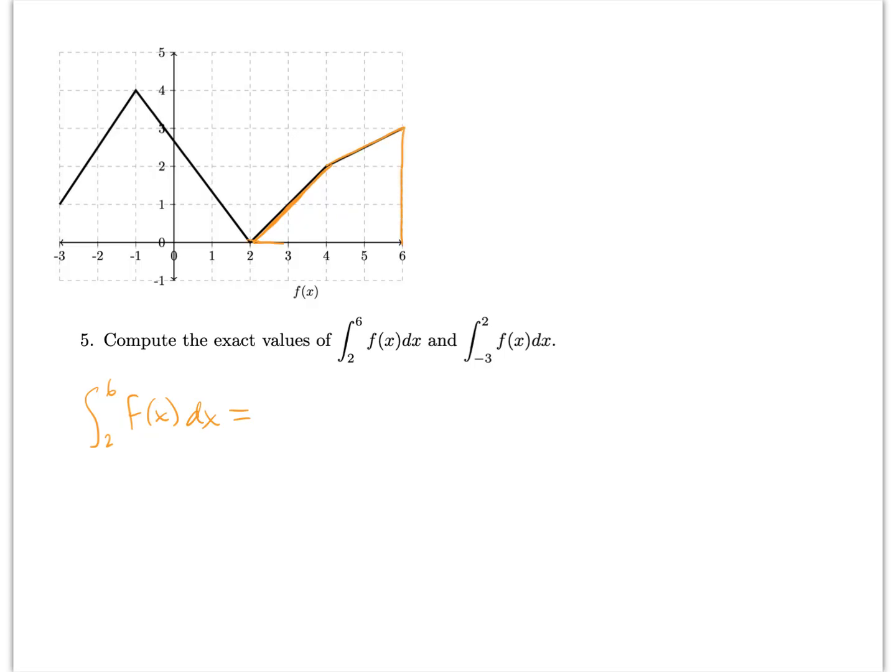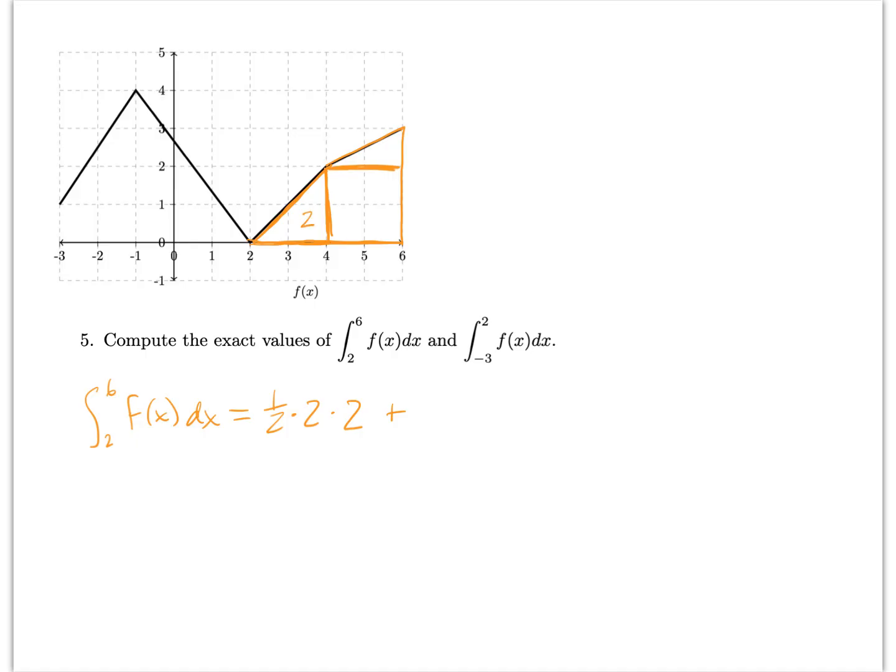So I'm just going to break this into pieces that I can calculate the area of. I've got this triangle here, which has a base of 2 and a height of 2. So 1/2 times 2 times 2. And then I have this piece over here, which I can break into a rectangle with a triangle on top.